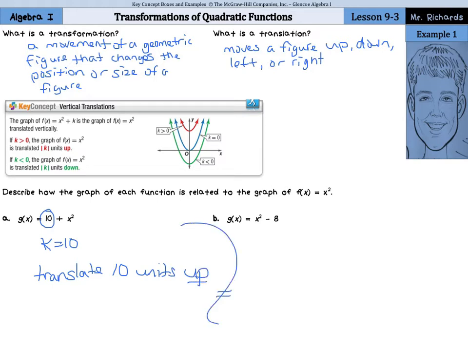What about our next example? We have this minus 8 here, x squared minus 8. So our k is equal to negative 8, that is less than 0. So we're going to translate 8 units down.